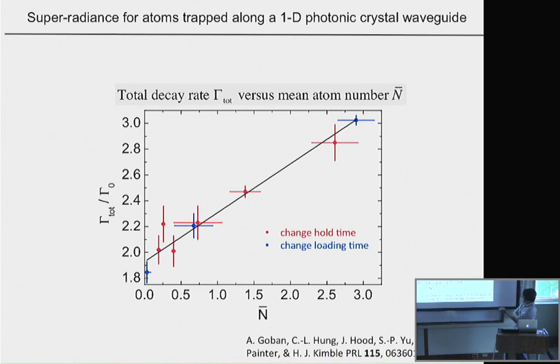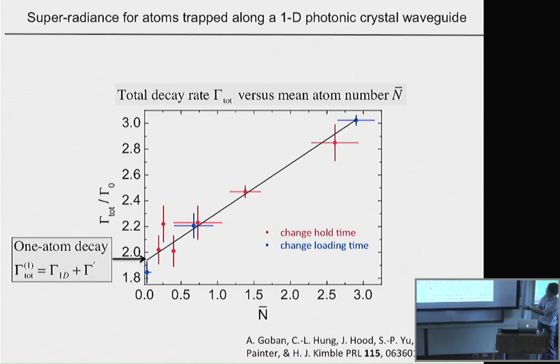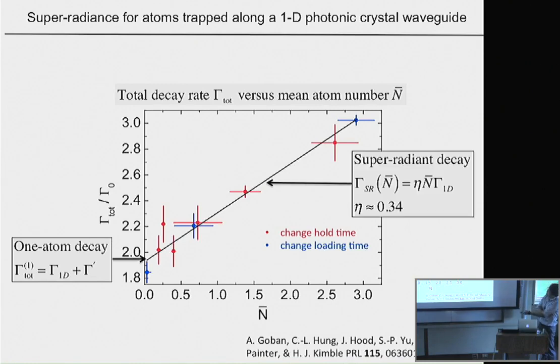And when we increase the average number of atoms surrounding the waveguide, we start to see that the decay rate becomes faster and faster. This dependence, going from single-atom decay to a decay rate that depends on the number of atoms around the waveguide, proves that there is very strong coupling between single atoms and the waveguide.